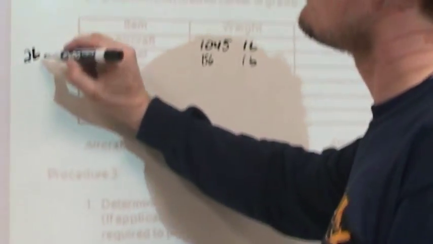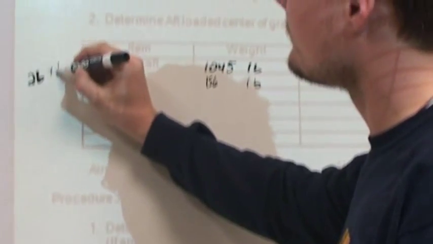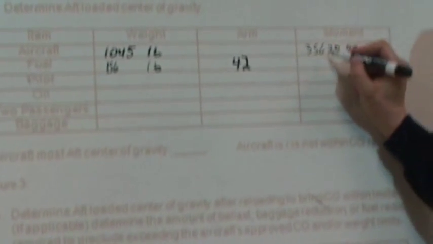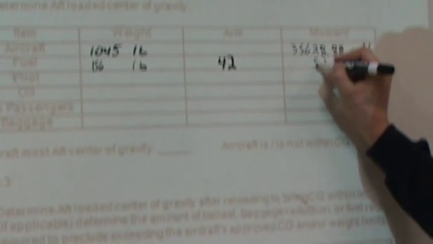And how did you get your 156 pounds since your fuel is in gallons? 26 gallons times 6 pounds per gallon, which is an FAA standard. The arm is located at 42, and our total moment for that is 6552.